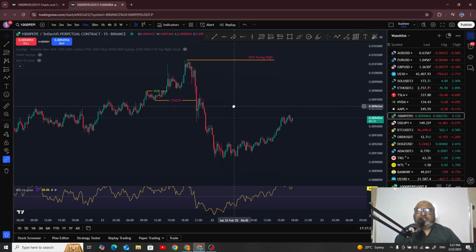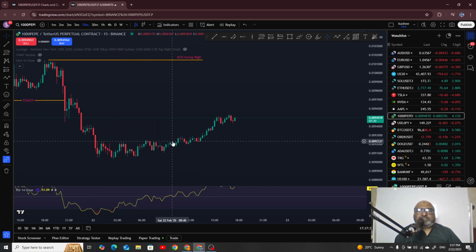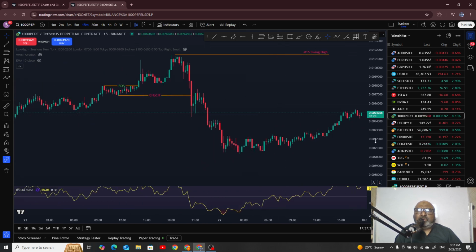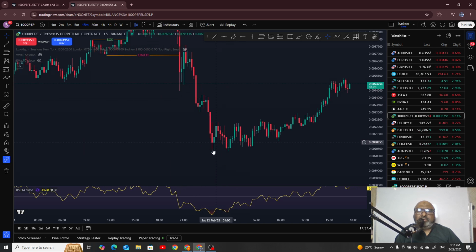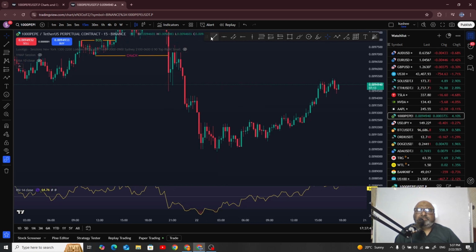Okay, so on its way down, do we have three candles in the opposite direction? No, no. Here we have. Okay, so this is swing low. This is swing low.